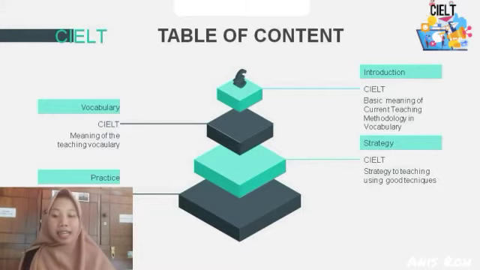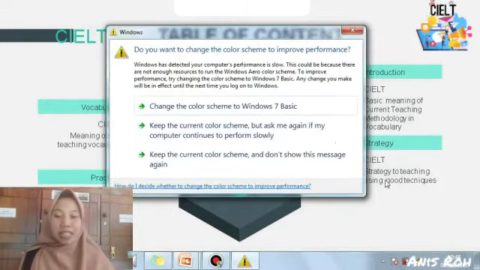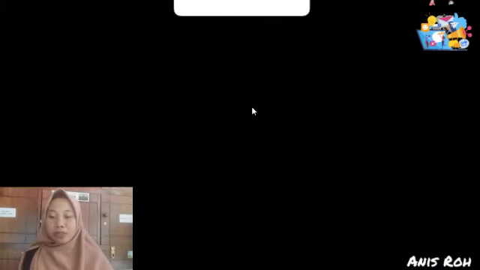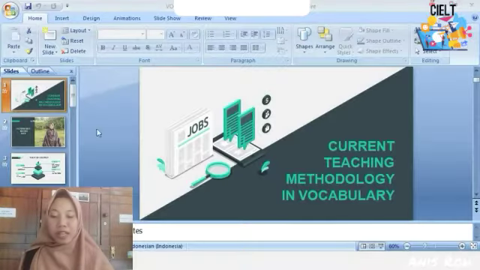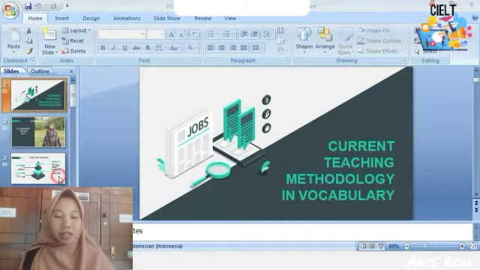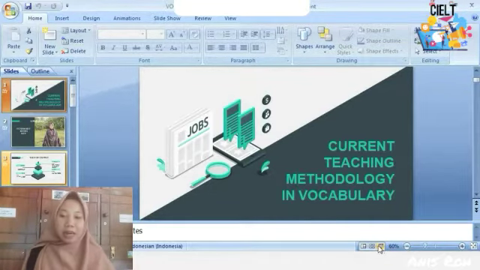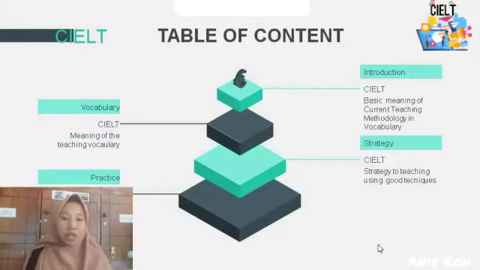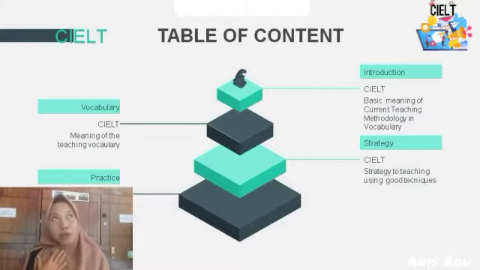Next is about vocabularies: what the meaning of vocabularies is, and then some more. The next is strategy: how to teach using good techniques when we are teaching vocabularies. And the last is practice.